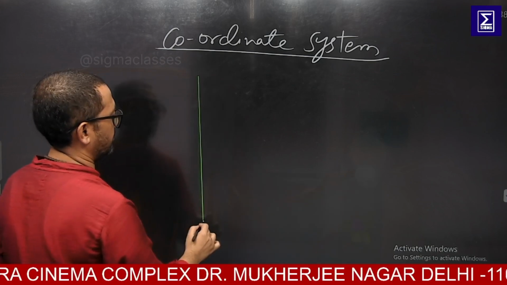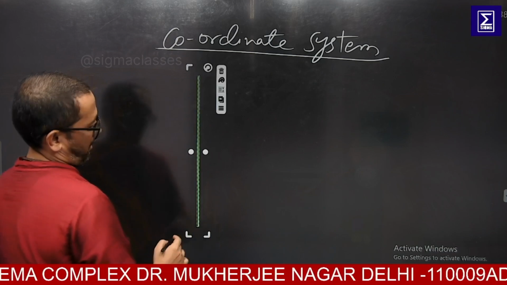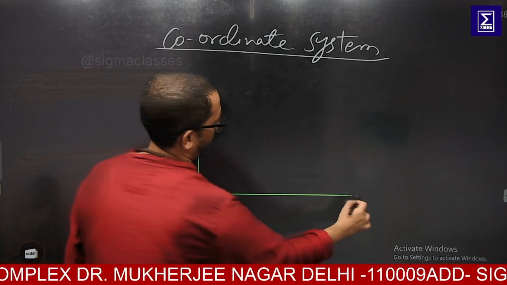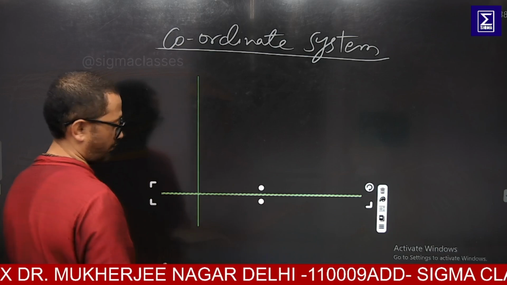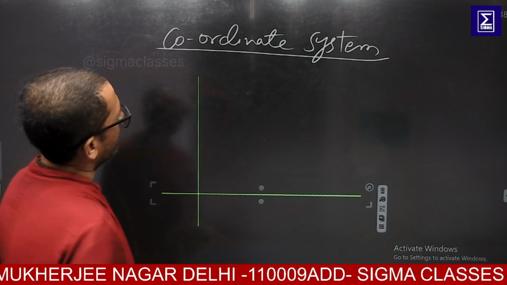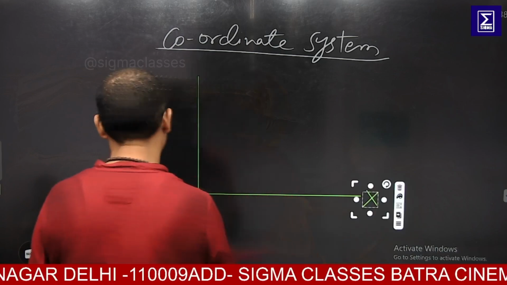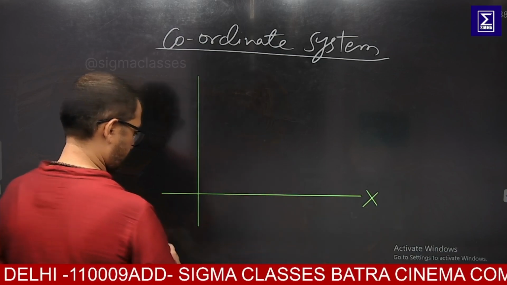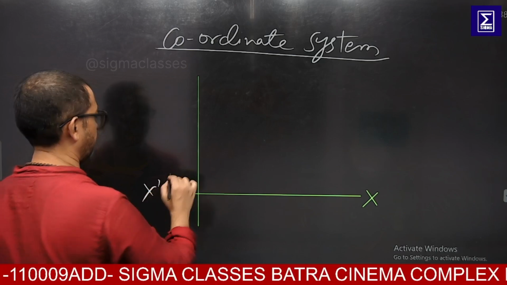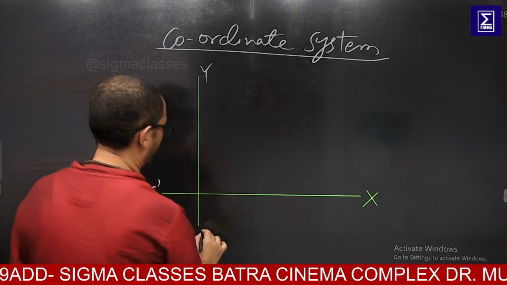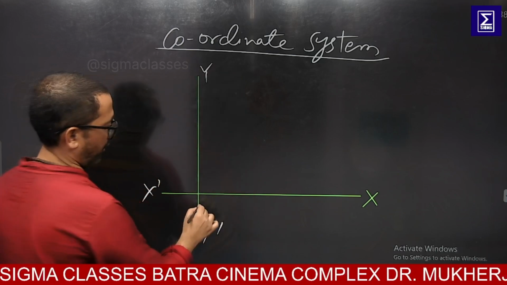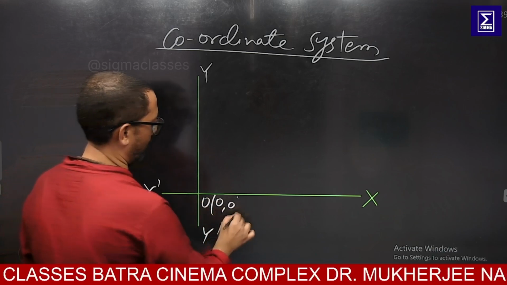So this is the rectangular coordinate system. Let it be x, x dash, y and y dash. O is the origin, the coordinate of O is 0, 0.